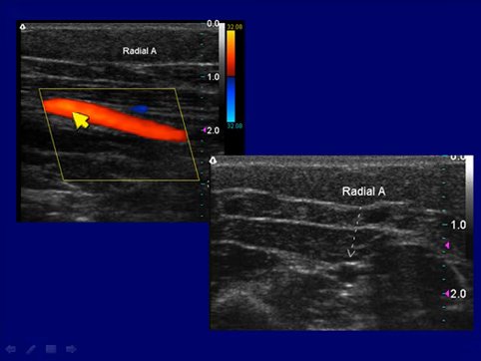Continuing on down, we'll look at both the radial and the ulnar. Remember, in the forearm, we've got one artery with two small veins on either side, the companion veins to the radial artery. This is the radial artery. These vessels up here that are all by themselves with nobody next to them, those are veins. And if you see these and they happen to be thrombosed, it's not a thrombosed radial artery.